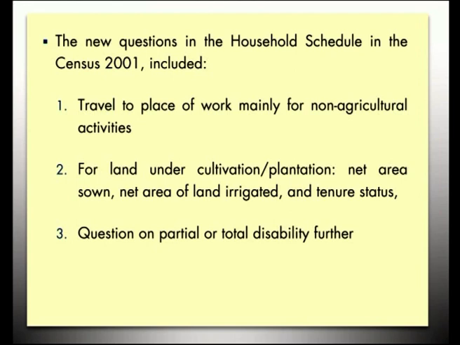So, that question was also included in the census of 2001. Next, for land under cultivation and plantation, net area sown, net area of land irrigated and tenure status were also included. A question on partial or total disability was also included.